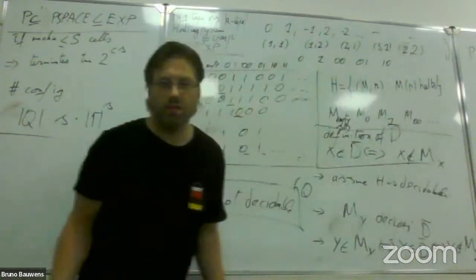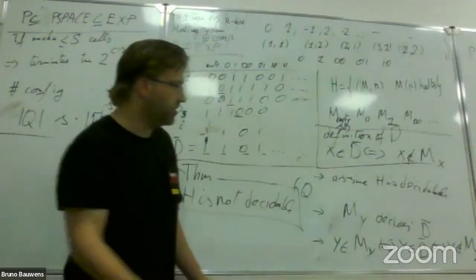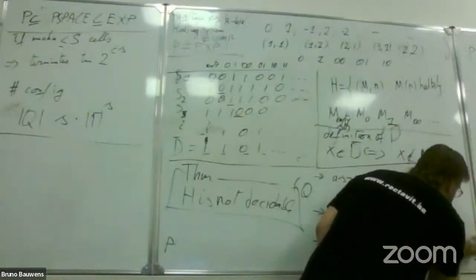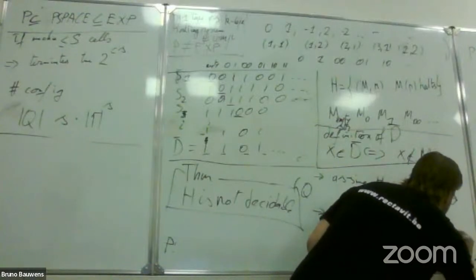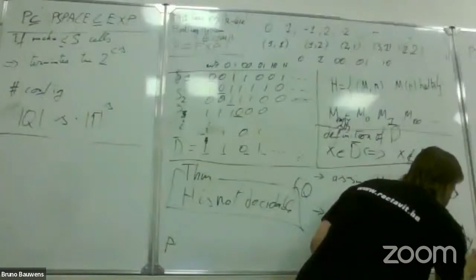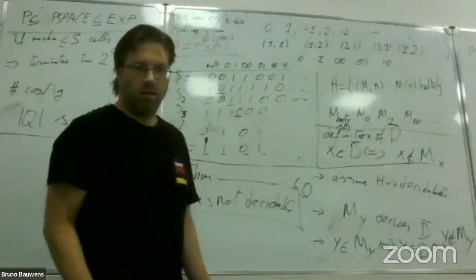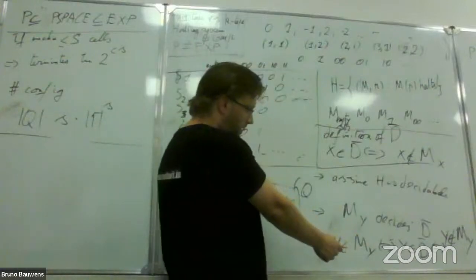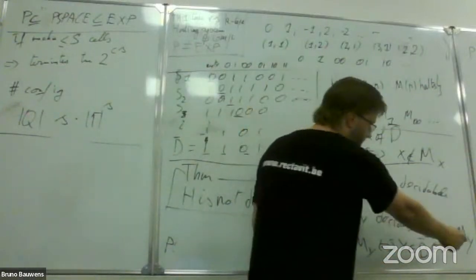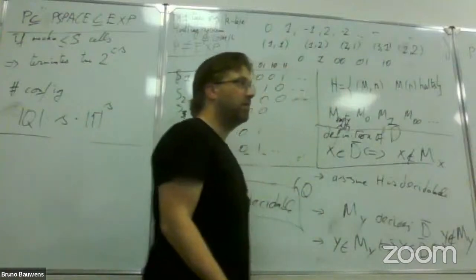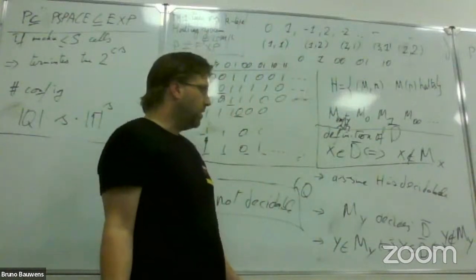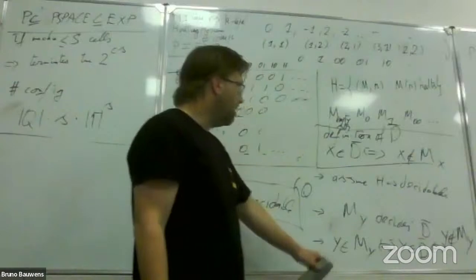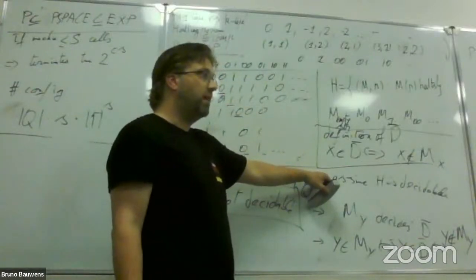Is it visible? Okay, almost. So that's what we write here for the camera: Y not in L(MY). So now we have a contradiction: Y in L(MY) if and only if Y not in L(MY). So our assumption must be wrong and H must be undecidable.